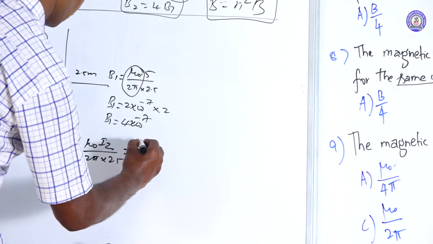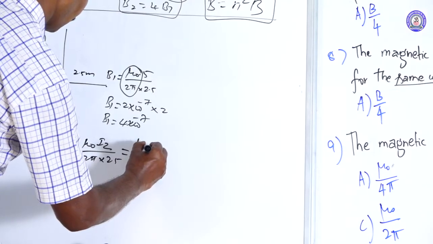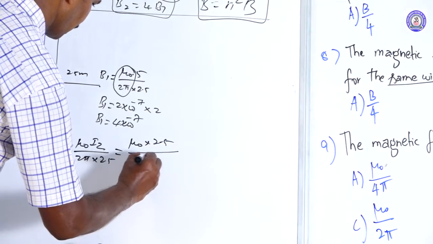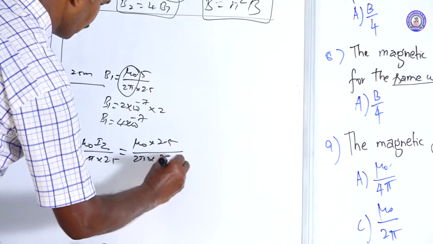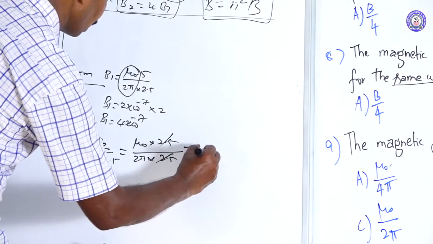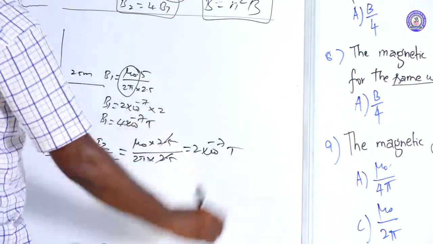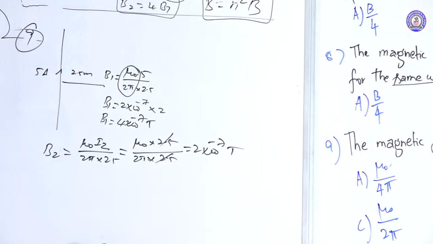So we have mu naught into 2.5 divided by 2 pi into 2.5. Cancel it. 2 into 10 to the power minus 7 Tesla.